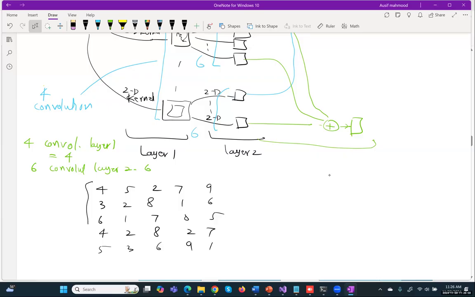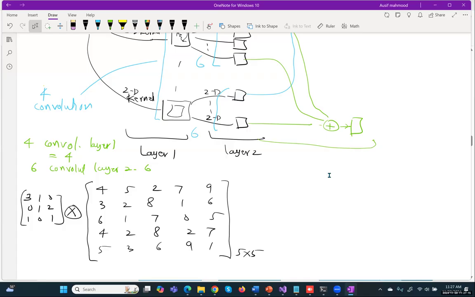So suppose we have a 5 by 5 pixel image, and we apply a 3 by 3 convolution.